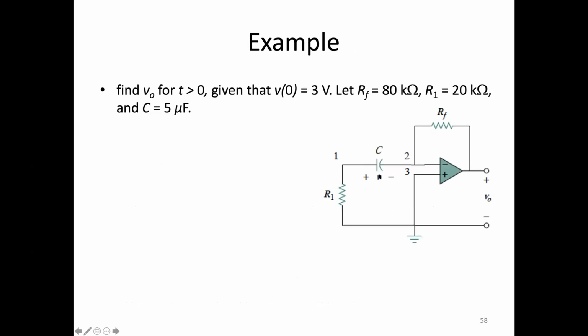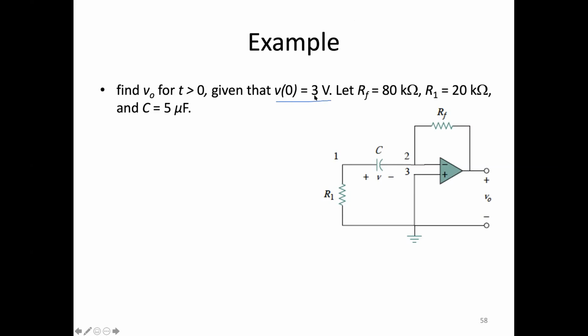So this is an example where you have a capacitor connected in series with a resistor to the inverting input of the op amp. Okay, and very importantly here, we've been told that the initial value of V is equal to 3 volts.